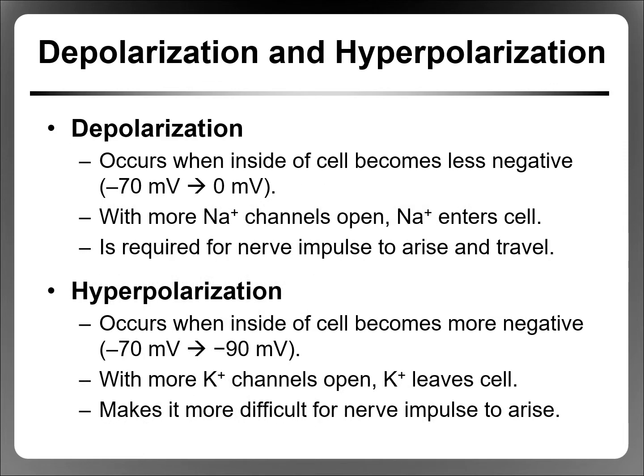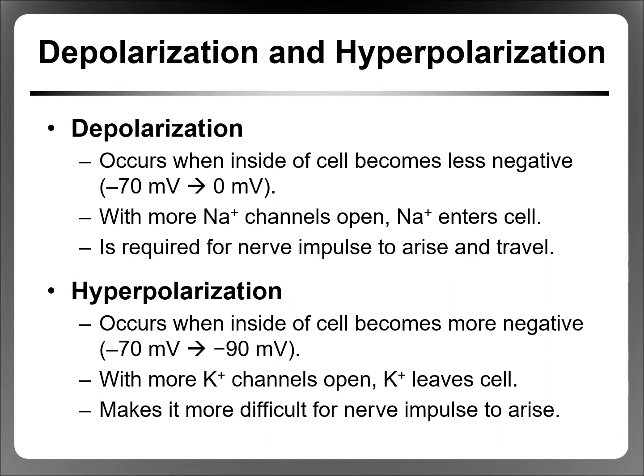Whenever we change from the resting membrane potential, we typically are going through either depolarization or hyperpolarization. Depolarization occurs when the inside of the cell becomes less negative or more positive, meaning we go from -70 millivolts towards 0 millivolts. This is because sodium ion channels will open and sodium can rush into the cell.